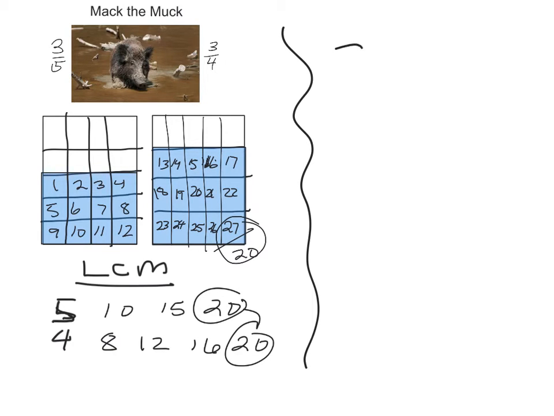And I'm going to take 3/5 and add 3/4, right? And the rule with adding or subtracting fractions, in this case we're adding, is you've got to have common denominators. And right now I don't. I've got 5 and 4, and they're certainly not in common. So I find my LCM, my least common multiple.